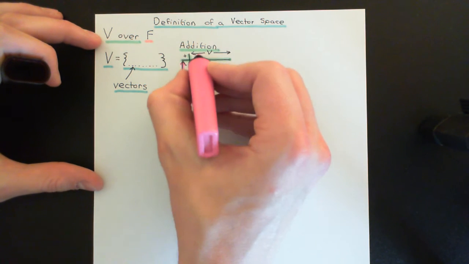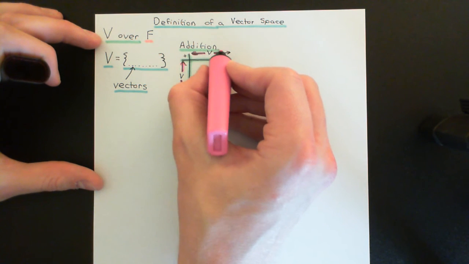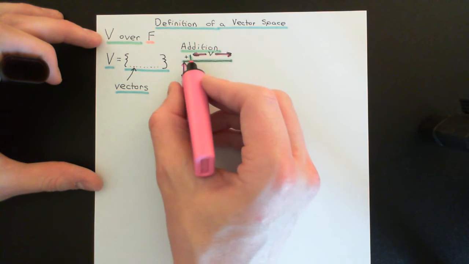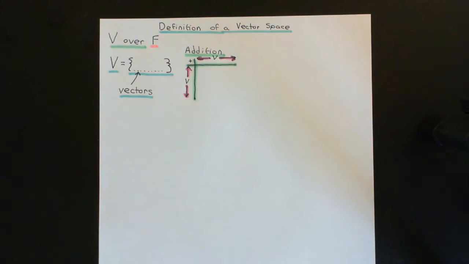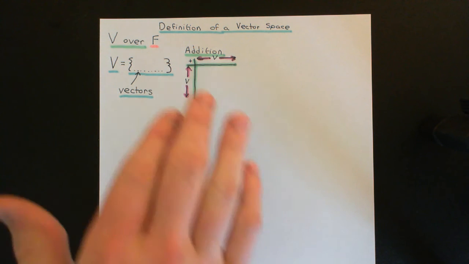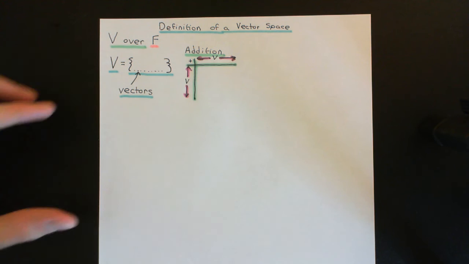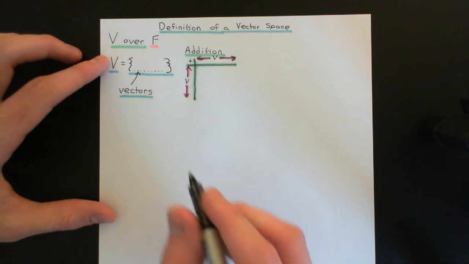So I'll just colour these in here. So you'll put all of the vectors along there, and then what you'll have to go through and do is define what any two vectors added together is going to be equal to. The answers there will of course be other vectors from the vector space capital V, from this set here.